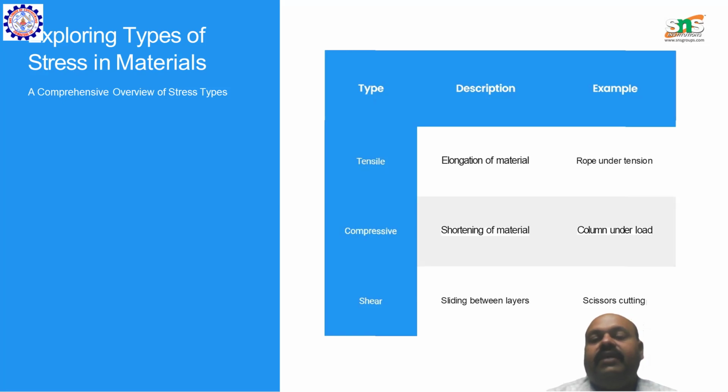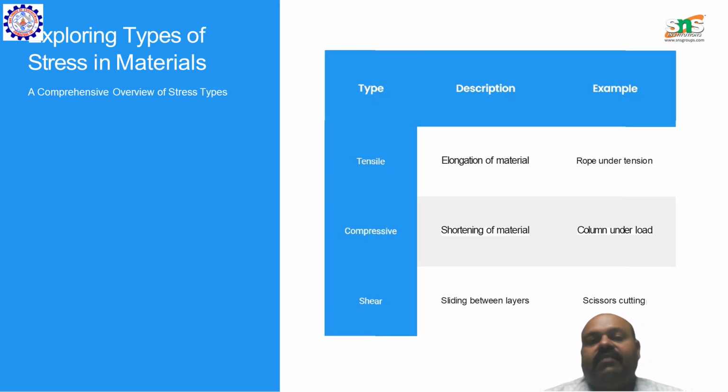Then we have compressive stress because of compressive load, which is well understood. Shortening of material, like a column under load. We have pillars in a building where the load is transferred from the upper floor to the lower floor through the column, right?